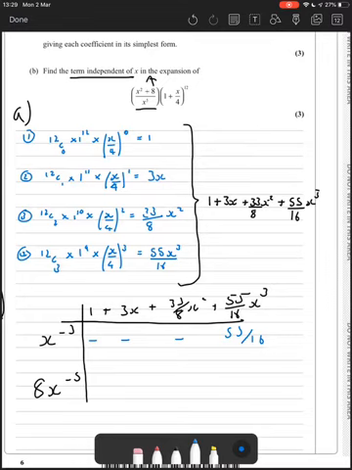The next section, well, I don't need to do that because that would give me a power of x, and so would that, and so would that, and so would that. But if we were to continue this a little bit further, which one are we looking for? Well, we're looking for the term that would cancel with x to the minus 5.